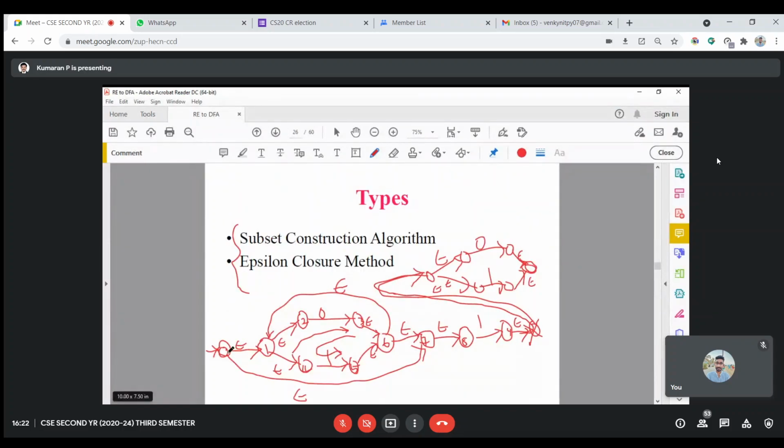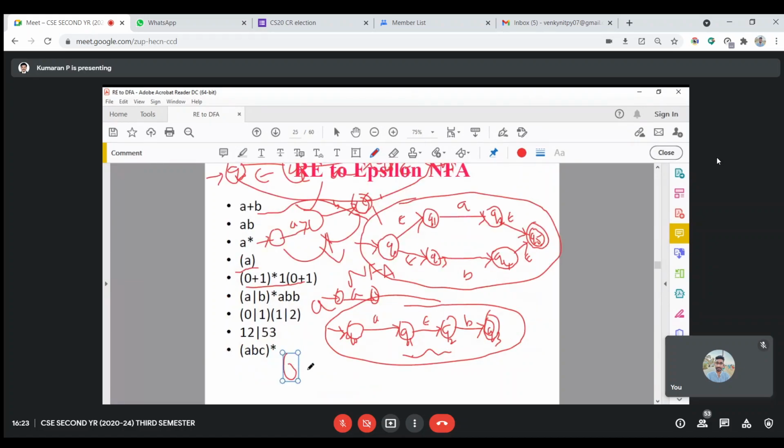From the starting state, I can bypass everything here, and reading a single one, reading a single zero, I can reach the final state. I'm bypassing everything, reading one, reading another one, I can reach the final state. So the minimum accepting string is either 10 or 11 for this language. Okay, so with that, I'll hand over this to you.